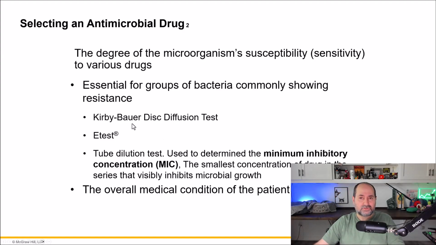Next, do you remember how we can determine drug susceptibilities in the lab? Remember that we can use the Kirby-Bauer disk diffusion test in order to determine which antibiotics are effective against the particular microbe that's causing the disease.